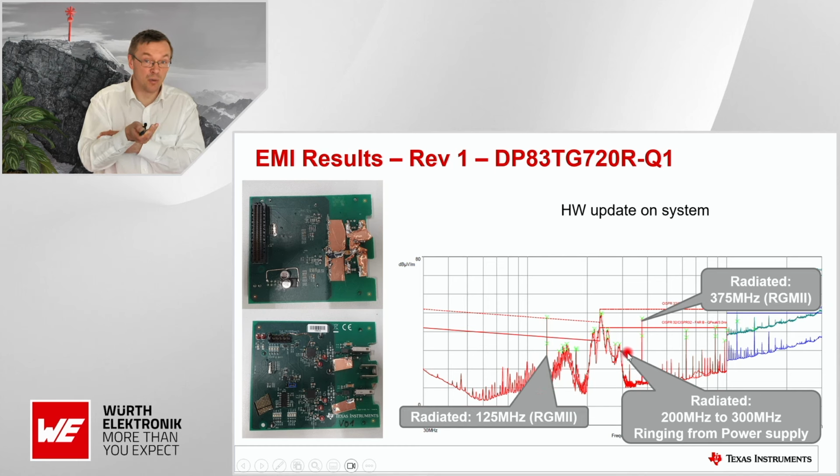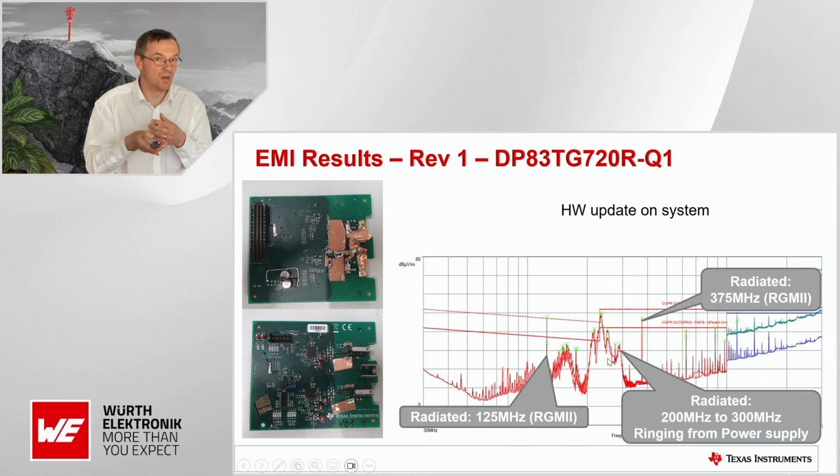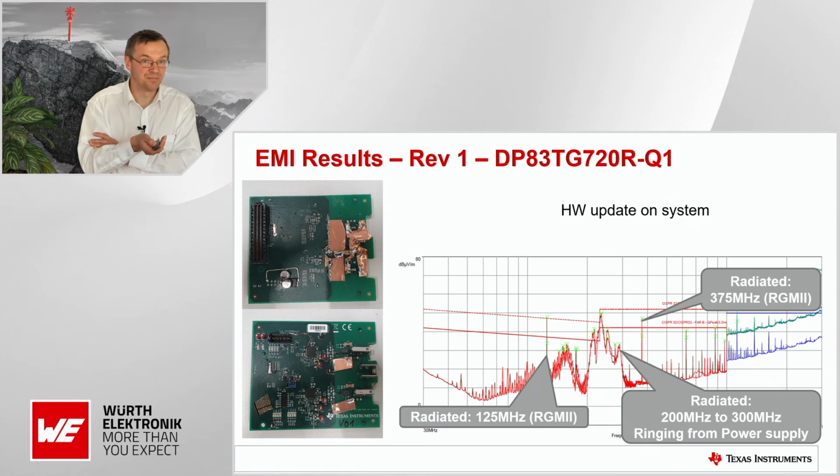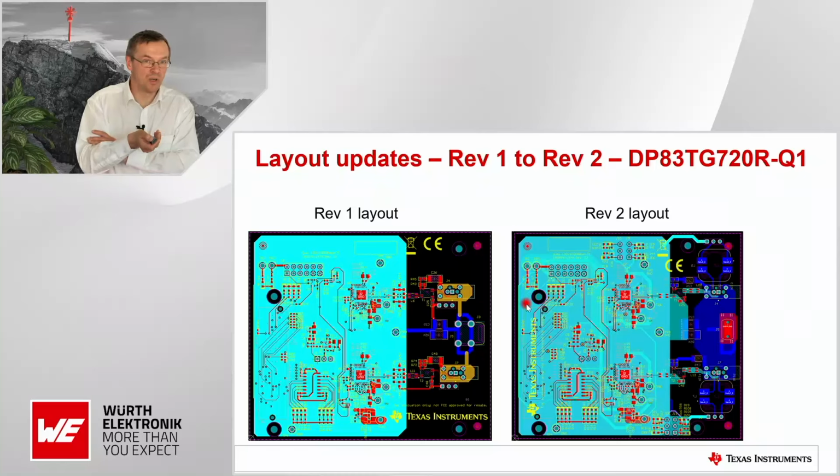This is again the third harmonic of the RGMII interface, and this is basically the power supply ringing that you see when the switching is having the overshoot and it's ringing down. Those are the errors we see here. But as soon as we got those under control, we were able to show on a system level everything is below the tested rating.